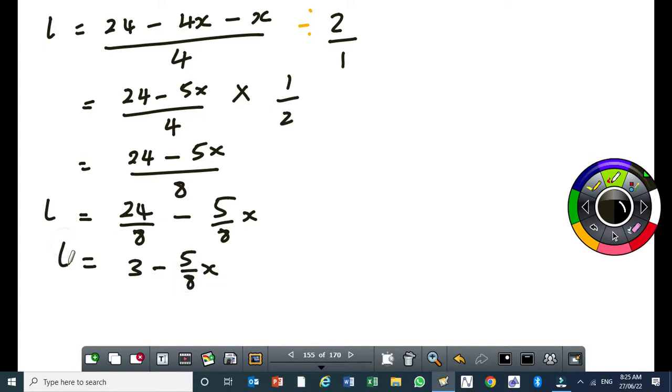So this is our length in terms of x. Are you following what I'm doing here? So far, everything I've done here is not calculus. It's just knowledge of algebra, which is very important. So I found our length in terms of x.